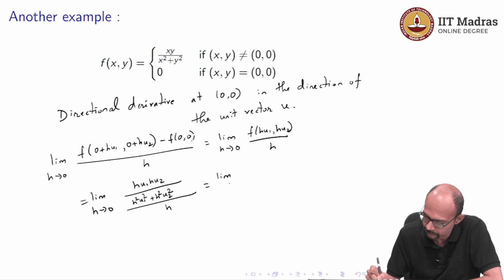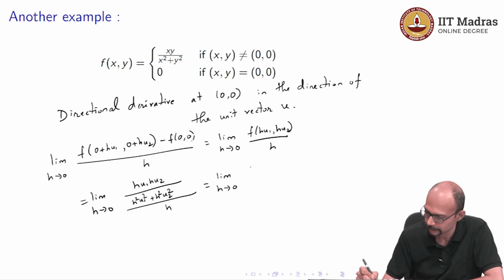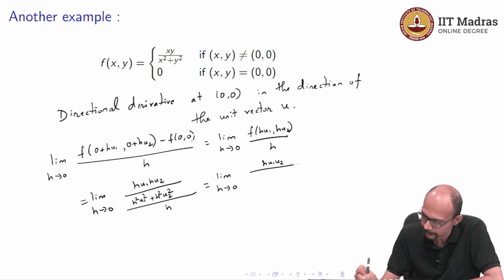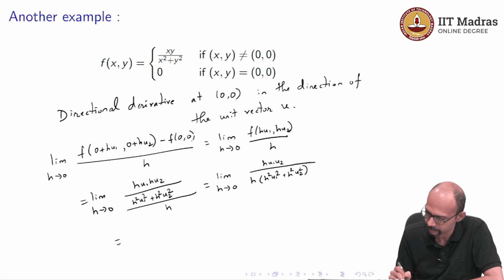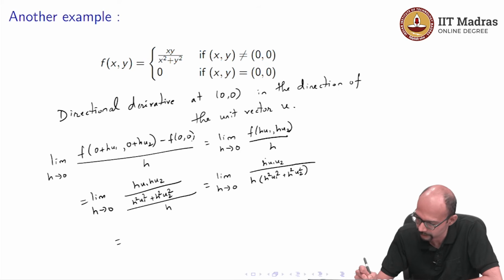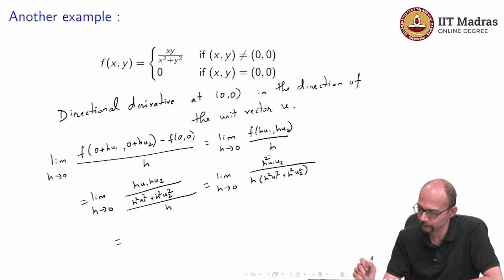Okay, so if we know how quotients work, you will be able to see that this is just h u1 u2 divided by h times h squared u1 squared plus h squared u2 squared. Sorry, there is an h squared here. So, this is h squared u1 u2 divided by h times h squared u1 squared plus h squared u2 squared.